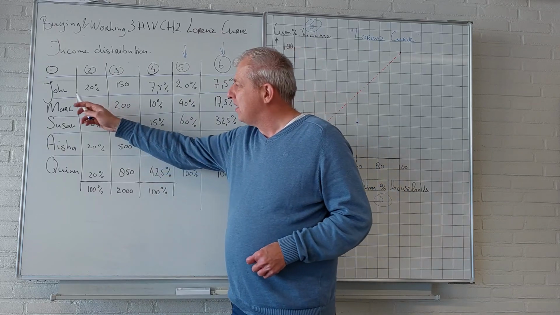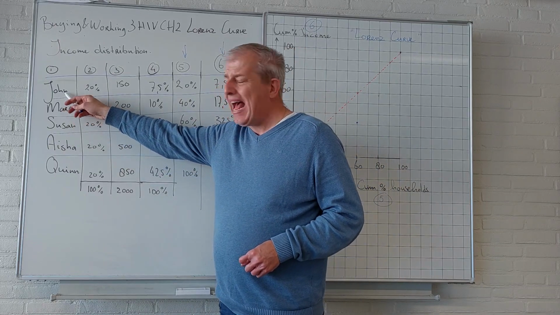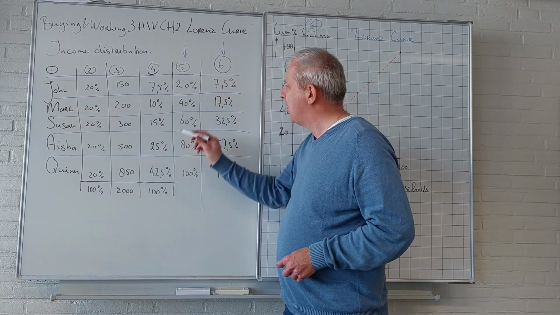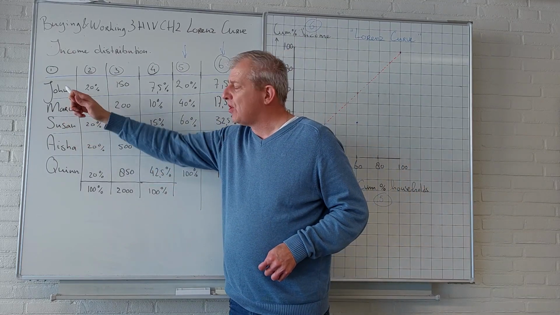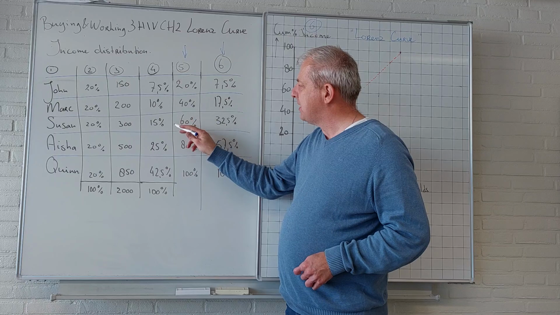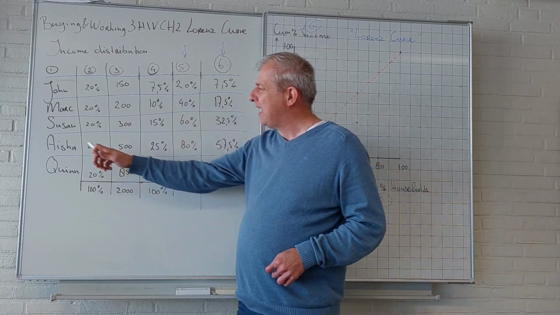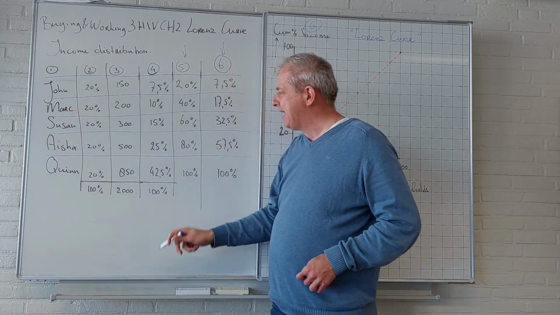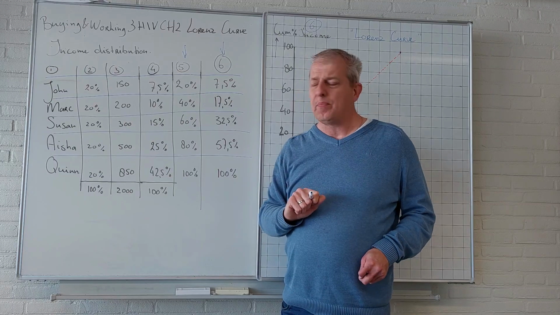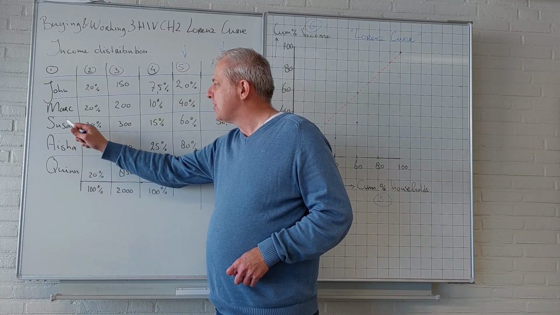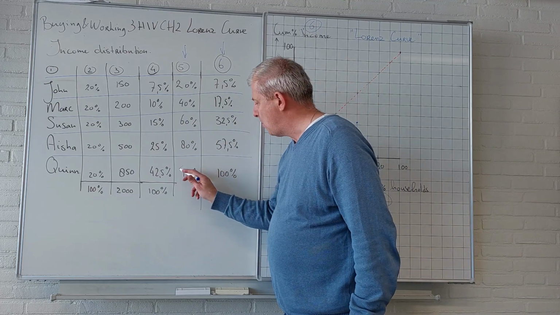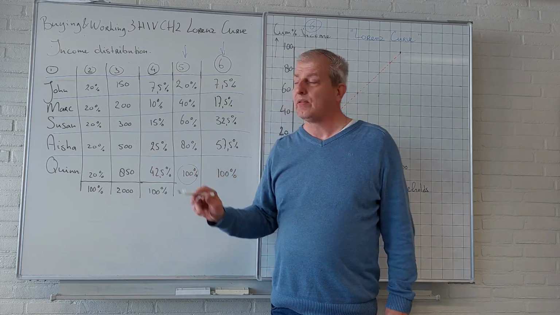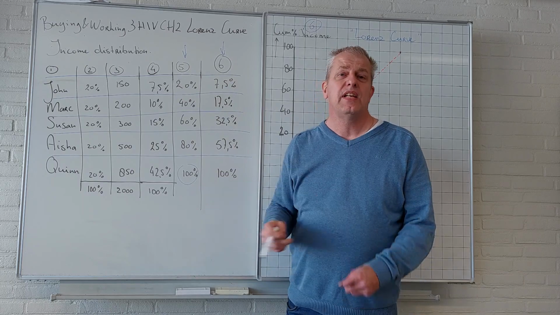Mind you, the next one, Mark and John added up are 40% of all the people. Susan, Mark and John added up are 60% of all the people. Aisha, Susan, Mark and John added up is 80% of all the people. And Quinn, Aisha, Susan, Mark and John together are 100% of all the people. So this is cumulative, which means added up.